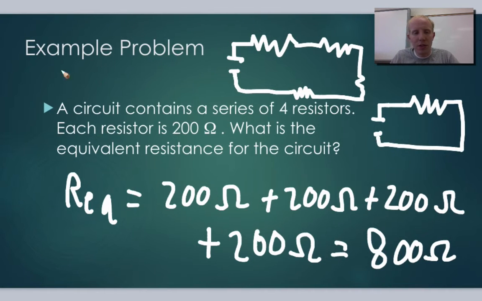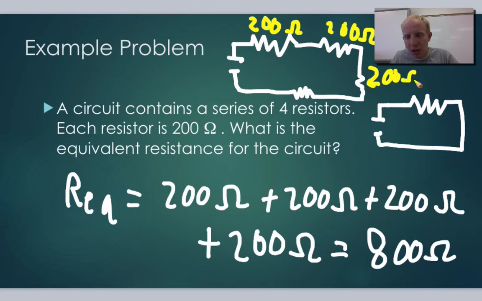If each of these was a 200 ohm resistor, this circuit is equivalent as far as the current and the power consumption to a circuit that just has one resistor that is 800 ohms. We can treat this circuit mathematically the same way we treat a circuit that has just one 800 ohm resistor. That's what it means as far as equivalent resistance.